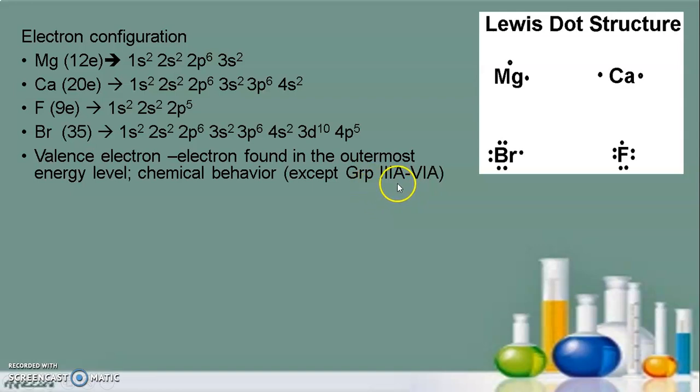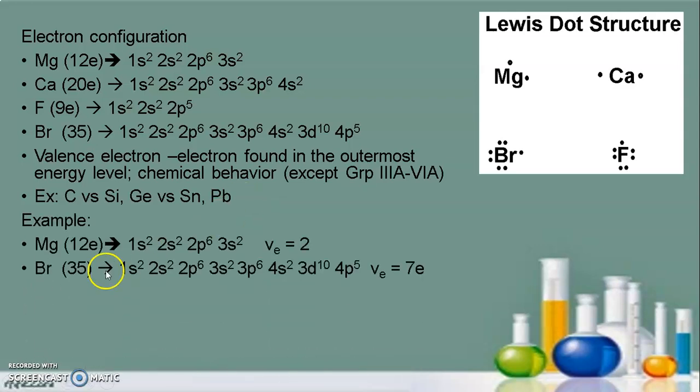For example, you have carbon, which is a nonmetal, silicon and germanium, which are metalloids, and tin and lead, which are metals. So basically, they are chemically different. But if you take a look at carbon, silicon, germanium, tin, and lead, they are found in the same group.